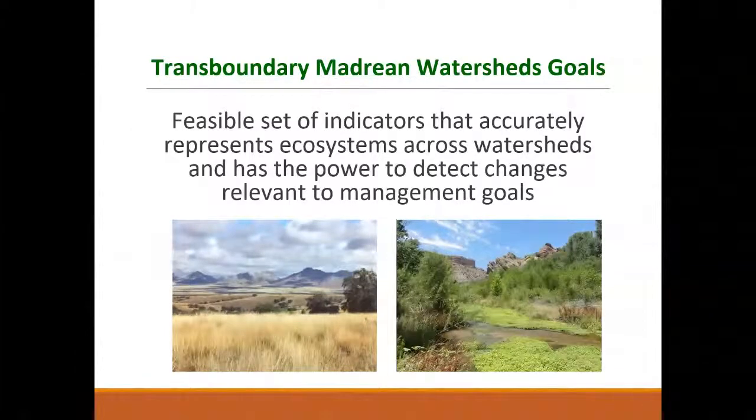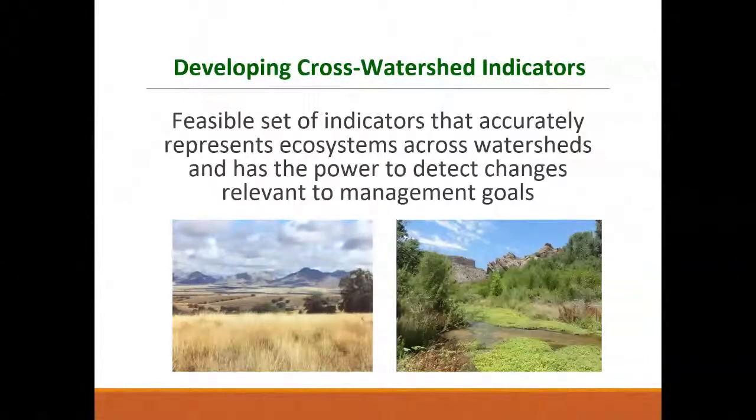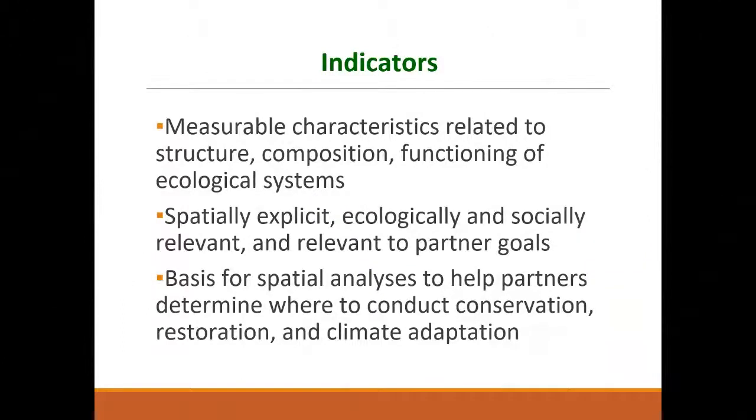So thinking about, again, understanding the current state of ecosystems across this region and then understanding how we're doing going forward. Indicators are designed to be measurable characteristics of ecosystems, often related to structure, composition, and functioning. They're spatially explicit.